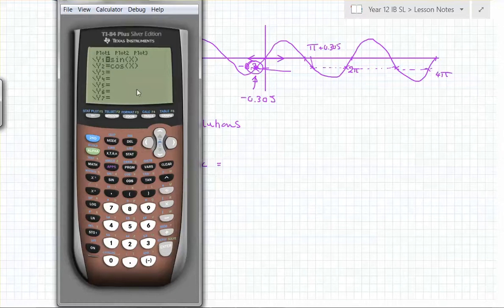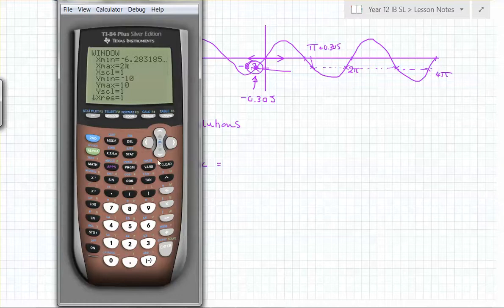If I'm in radians mode, what do I need to set my window to? Minus 2 pi. Depending on what the domain is, I can set it to, and use the pi button, minus 2 pi to 2 pi, and it converts it for you already.